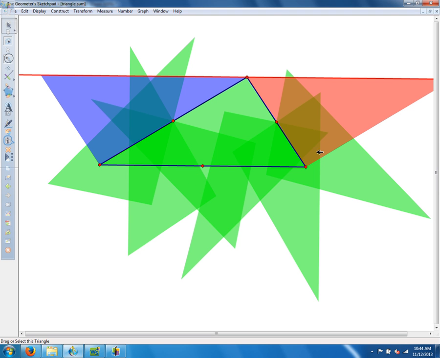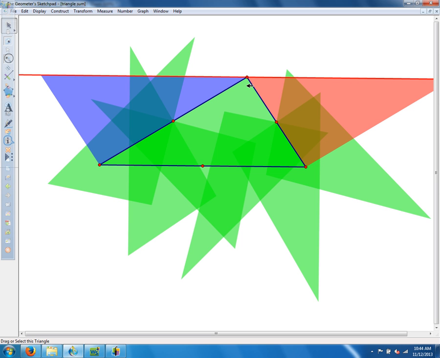Alright, so now this triangle is rotated around, this angle rotated up to here, this angle rotated up to here. What does this angle plus this angle plus this angle have to add up to? 180. This is one angle of the triangle. This is the other angle of the triangle.